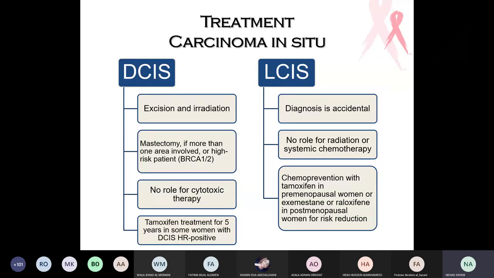So there is no need to expose the patient to the toxicity of systemic chemotherapy. Cytotoxic therapy means chemotherapy, where the aim of giving it is to kill the cancer cell. Okay. So for carcinoma in situ, remove the mass. Sometimes you might need to irradiate. Okay. No role, no place for systemic chemotherapy.